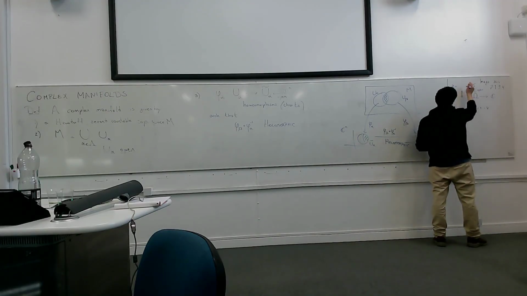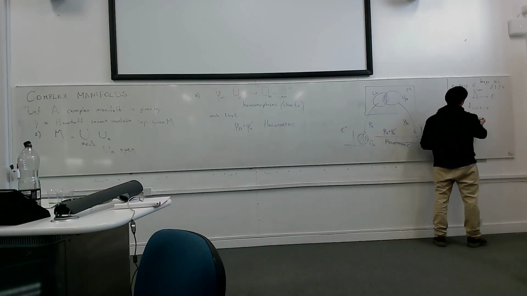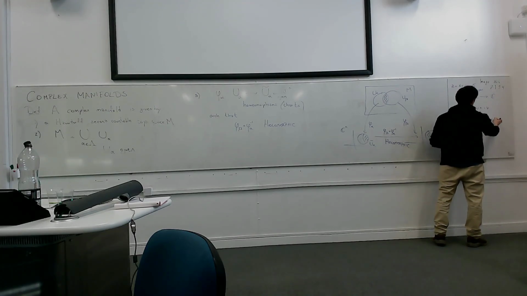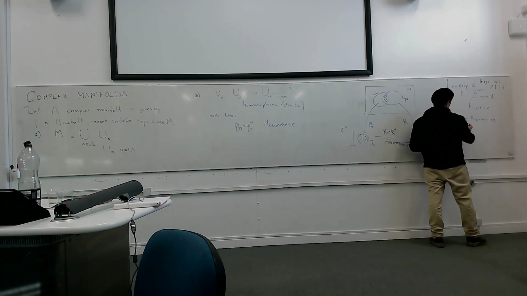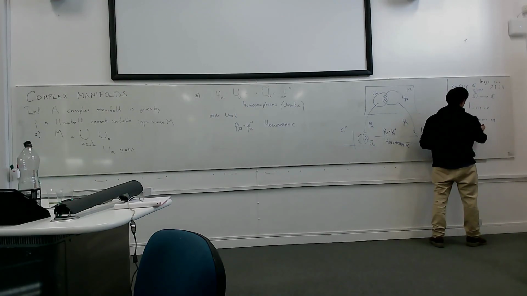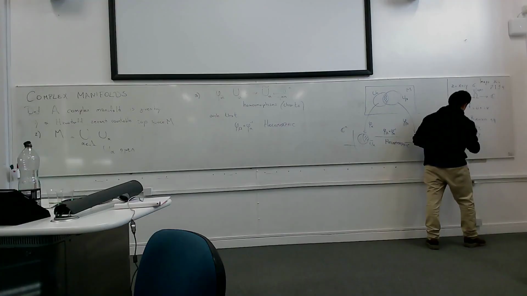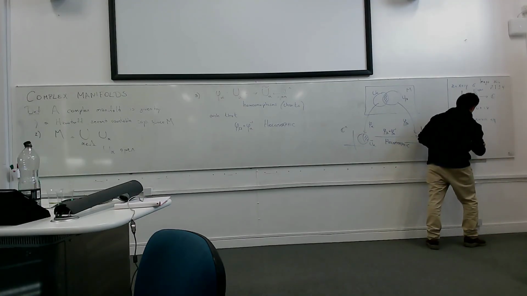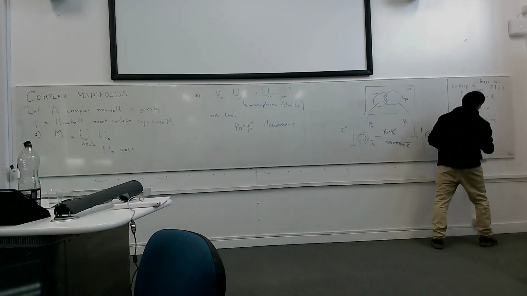So in C we have x plus iy coordinates. The Cauchy-Riemann equations are: the partial of u with respect to x is equal to the partial of v with respect to y, and the partial of v with respect to x is equal to minus the partial of u with respect to y.